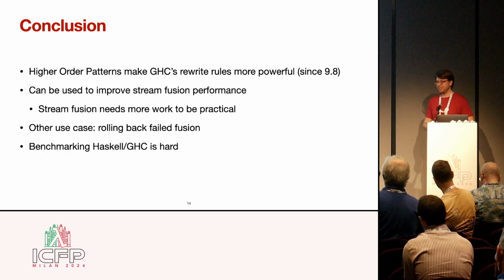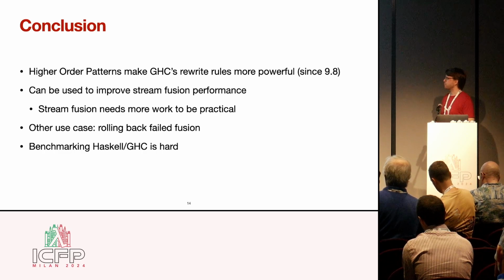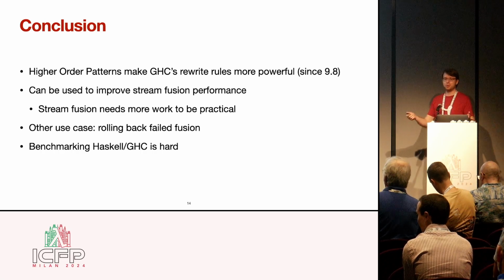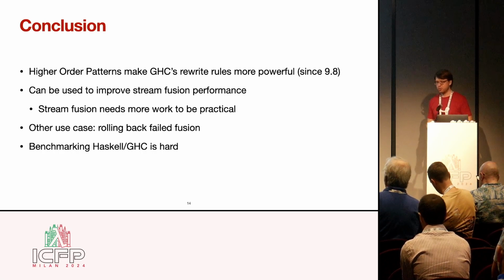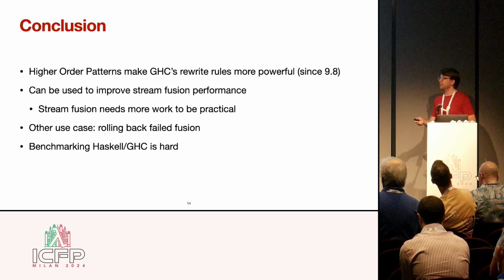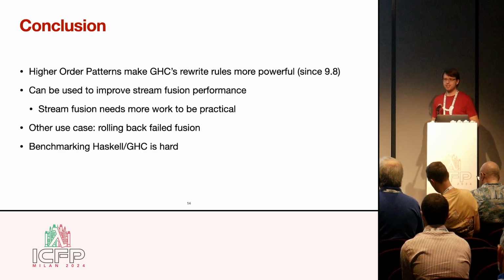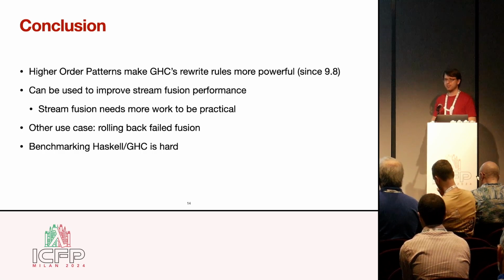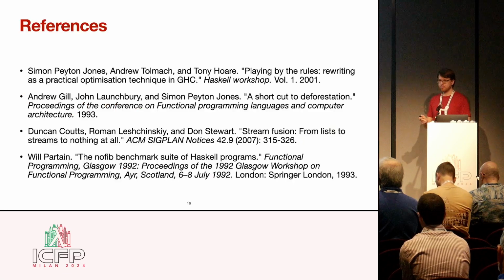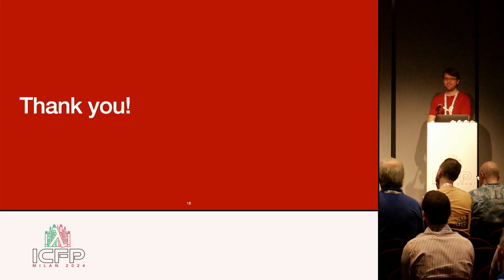So that's really annoying. If you've ever played around with rewrite rules and noticed that you couldn't express what you wanted due to local variables and the rewrite rules not matching, then I encourage you to try GHC 9.8 or later and see if these new higher order patterns can solve your problems. Thank you.